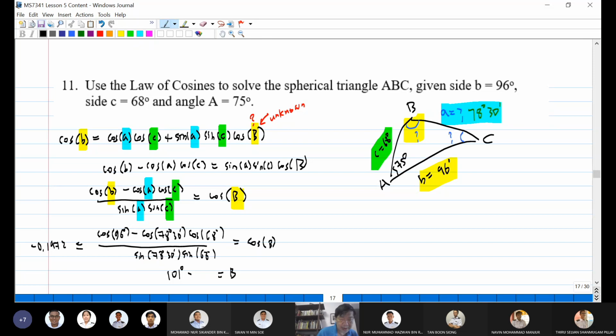So we do not need to find another angle. There is only one answer for cosine inverse. Unlike the sine law, where you get two possible answers, the law of cosine gives you only one answer.